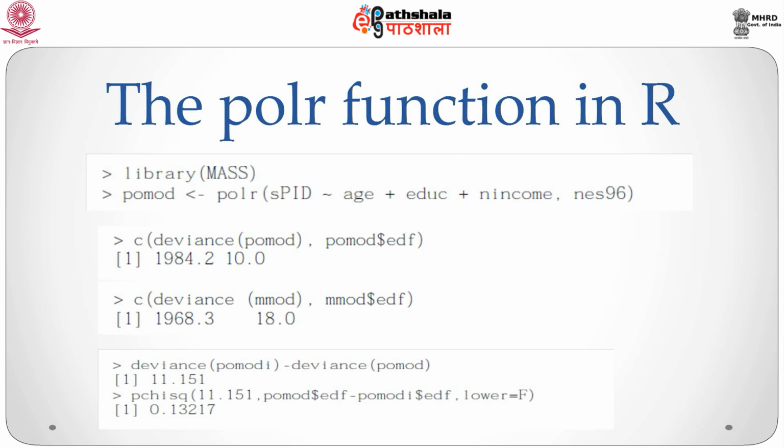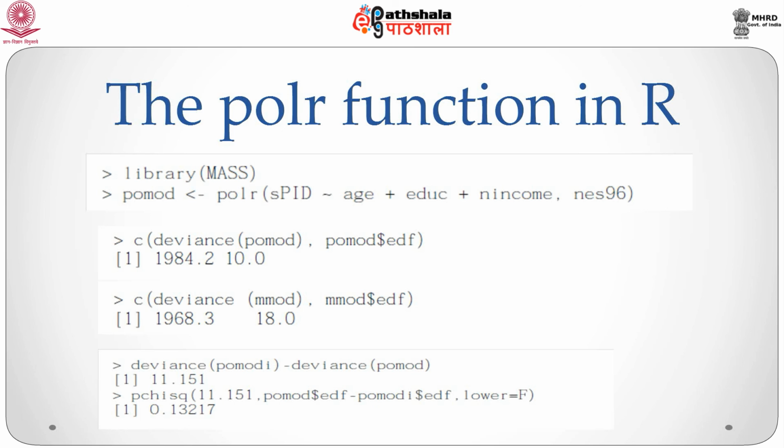We can run an application of the proportional odds model using the polr function in R on our NES 96 dataset. The polr function is included in the MASS library. So first we need to call the MASS library and then we run the model polr of PID on age plus education plus income.